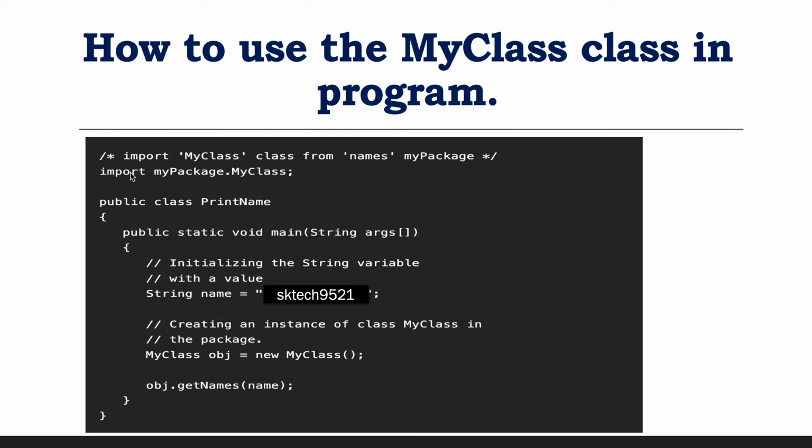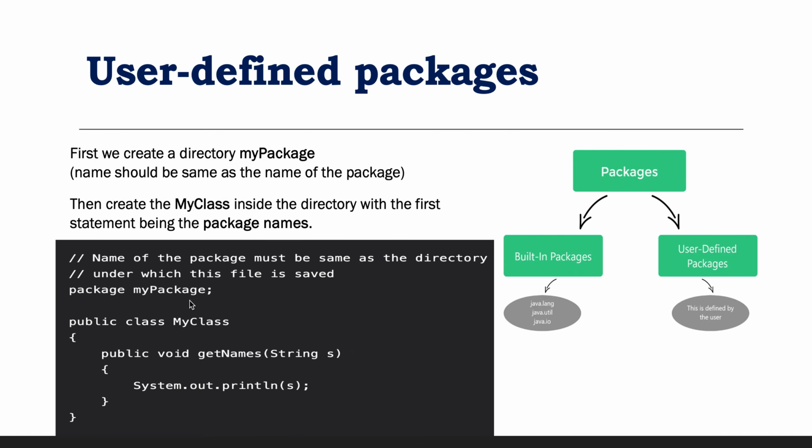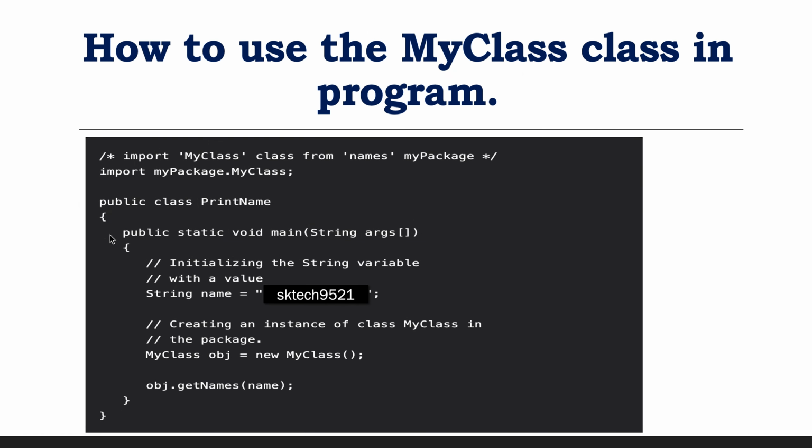They can use the import statement and define the fully qualified name. Fully qualified name means the full structure. This class, my class, is available inside my package. So they need to give import, then the package name, my package, dot, the class name. The class name is my class, and it belongs to my package. That's why they have written import my package dot my class.